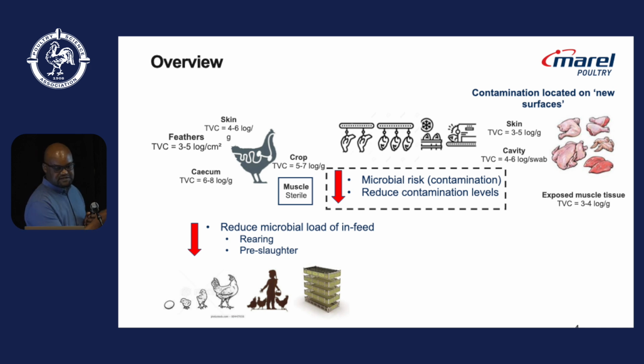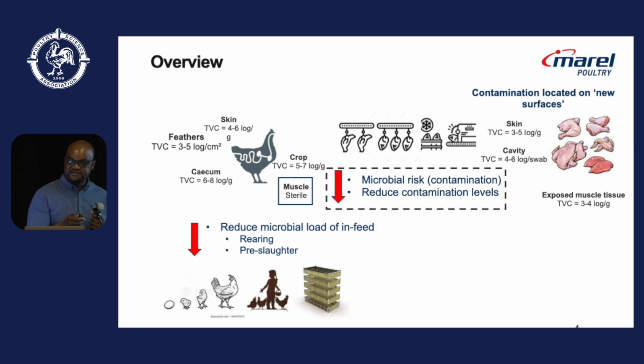Once they have arrived at the plant and you start your processing, there are 2 main things that you can do to reduce the microbial load. The first is that we urge you to take measures that can reduce the risk of contamination itself, so you address all the microbial risks that you encounter along the processing line.